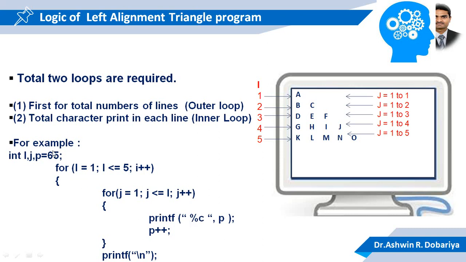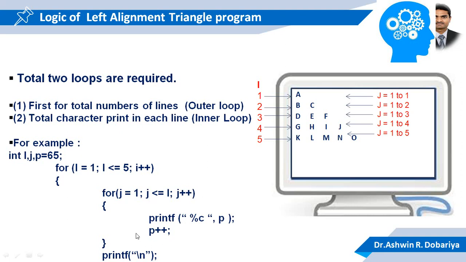So whatever ASCII value is available in variable p like 65, if we convert it into character format, then 65 is equivalent to capital A. After that it will increment by 1, p plus plus. It means 65 becomes 66. So 66 is the ASCII code of capital B. Similarly 67, 68, in that way it will execute.